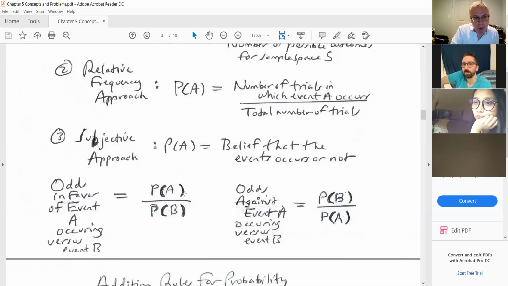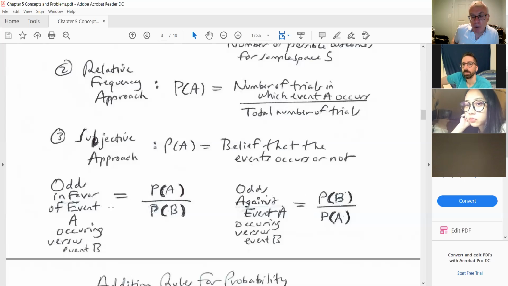Now, let me give you an example. A good example would be rolling a die. Let's look at two possibilities. You roll a 2 or you don't roll a 2. If you roll a 2, the probability is 1 out of 6. The probability of not rolling a 2 is 5 out of 6. So you might say, what's the odds of rolling a 2?